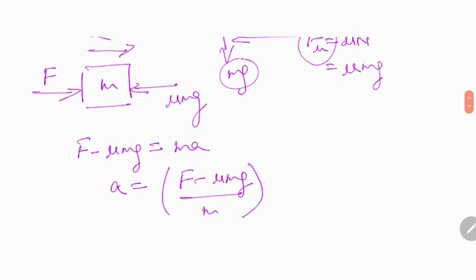That's it, as simple as it is, no confusion, right? Or this can also be written as F by m minus mu g. So you get the idea here.